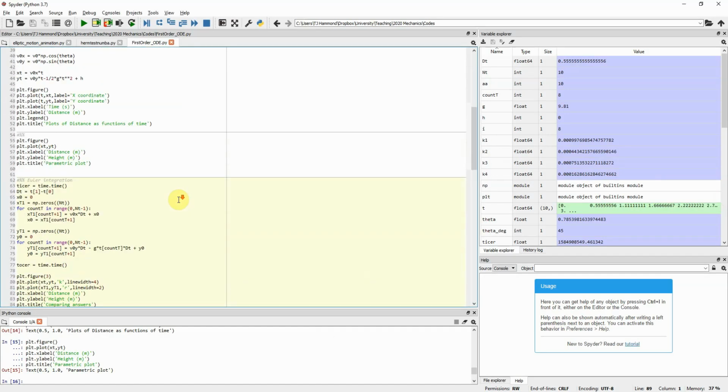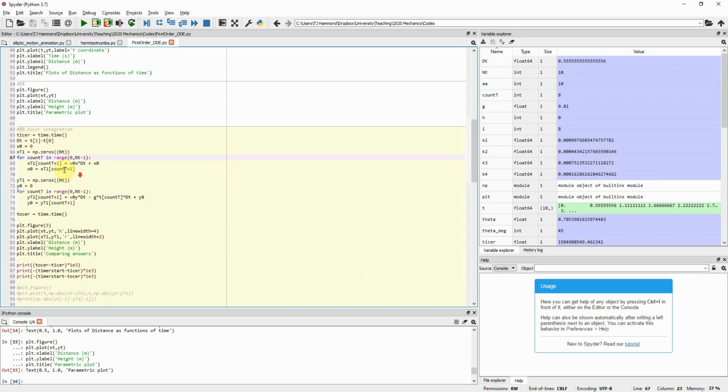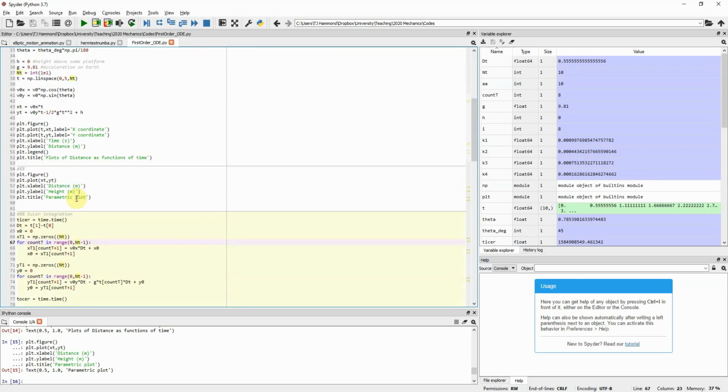So we're right now at this point for Euler integration. As we've said, we've already defined our t. So we have nt, I guess we only have 10 points, and we go from t from 0 to 5 nt, just like we had before.